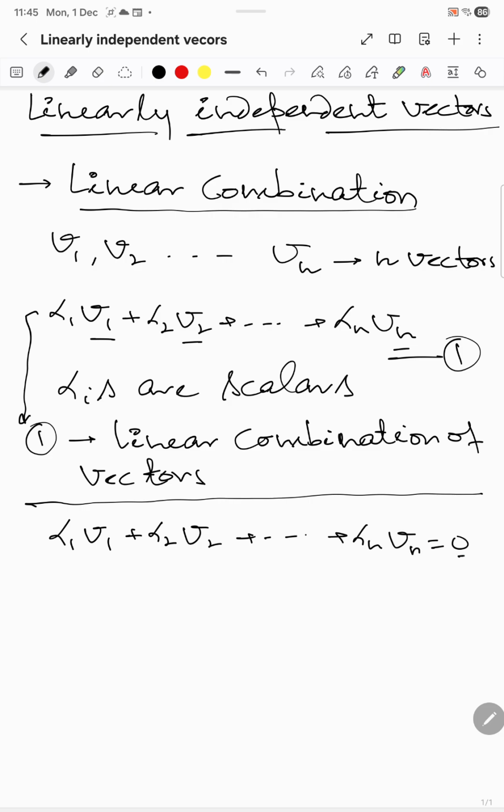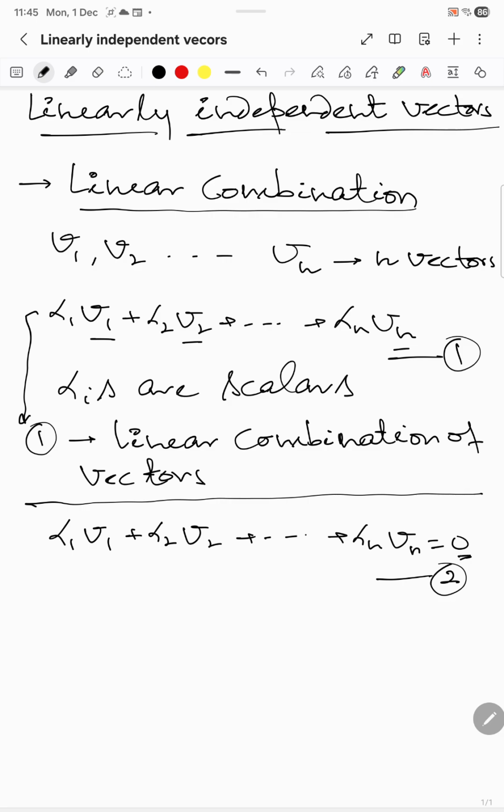Of course, this 0 is the 0 of the vector space from where we have taken these v1, v2, ..., vn. Let us consider this equation 2. So we equate this linear combination to 0.